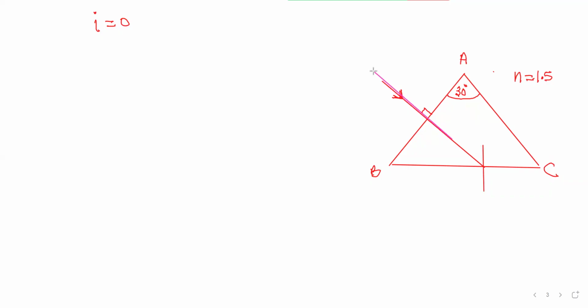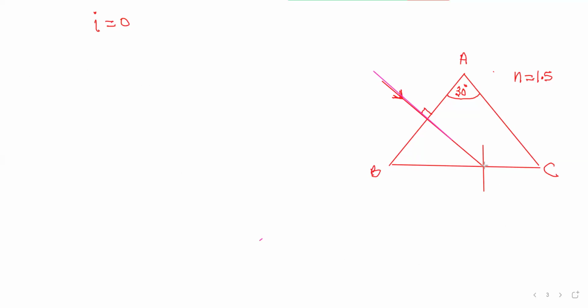So if they are parallel to one another, what is the angle between the normal and the incident ray? Angle of incidence, angle of refraction, reflection, these are all measured from the normal.